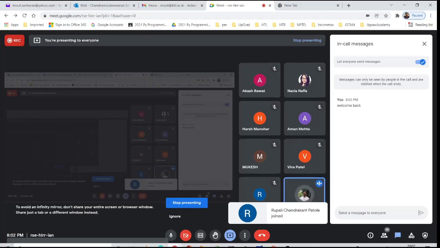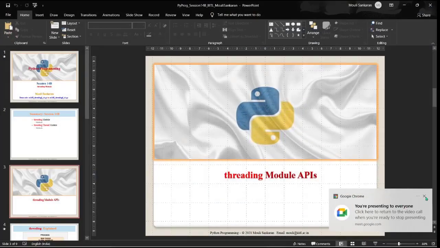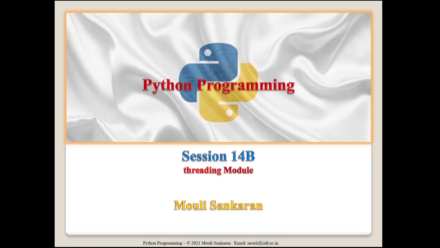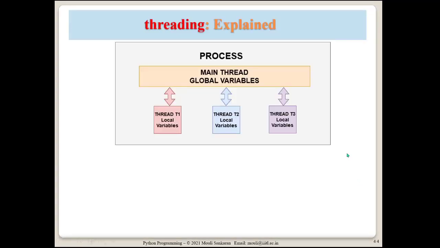So continuing on the discussion, let me first share some material and then we will get into looking at the code. This is the same session 14B. Just to highlight whatever we discussed, the global variables part of the process are all shared across the threads.